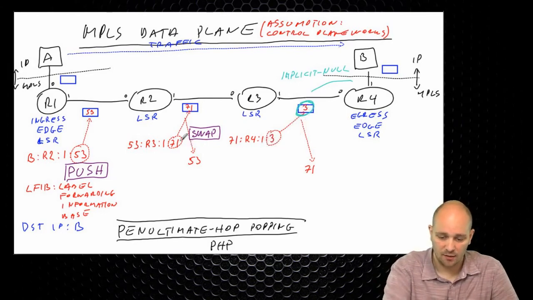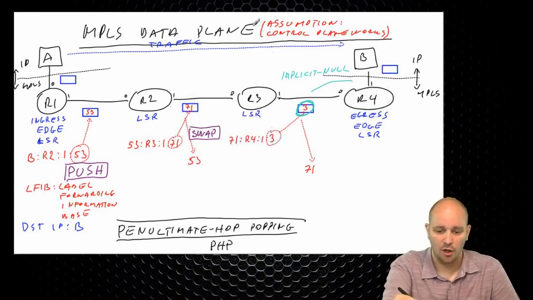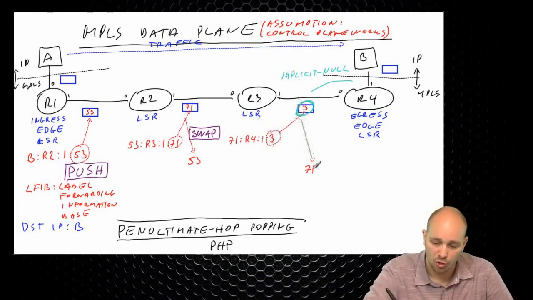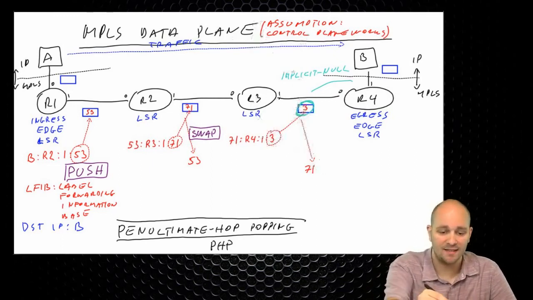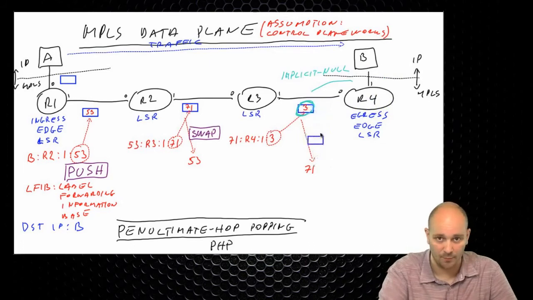This incoming packet that had label 71 is going to arrive to R3, and we're going to see that for 71, we need to send this to R4 out of interface 1, and the label assigned here was 3, our implicit null label. So we are going to drop label 71 and send actually just an IP packet. Instead of adding any labels, instead of actually adding 3, we are going to send just a regular IP packet.